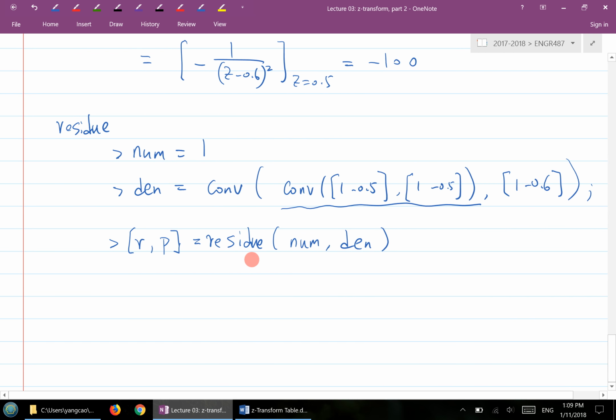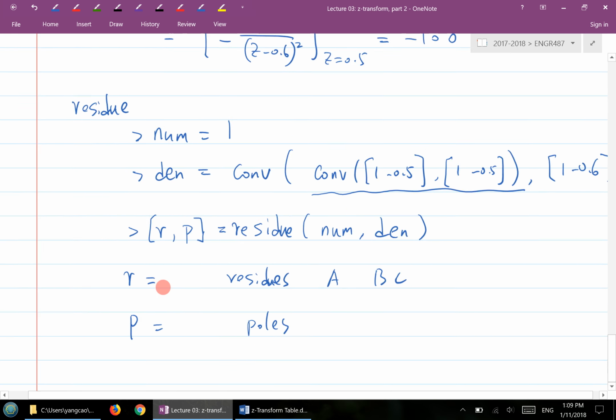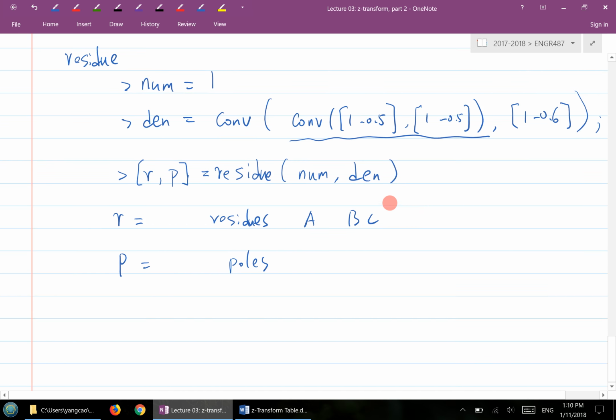Anyway, so let's come back to this one here. Of course, a computer is not going to be allowed in the exam, but you can use MATLAB to help you. This command, residue, will return R, which is basically the residuals, the A, B, C that we're talking about here, and P, which is the poles for the system. So MATLAB will list all of the available poles.